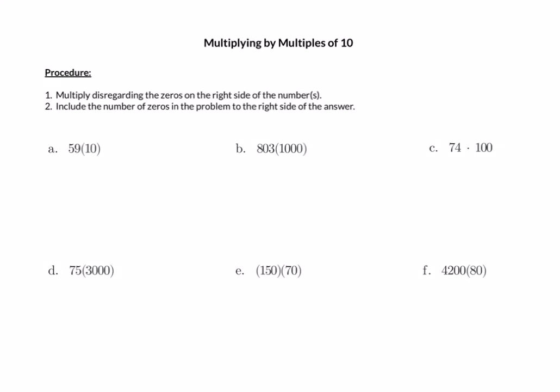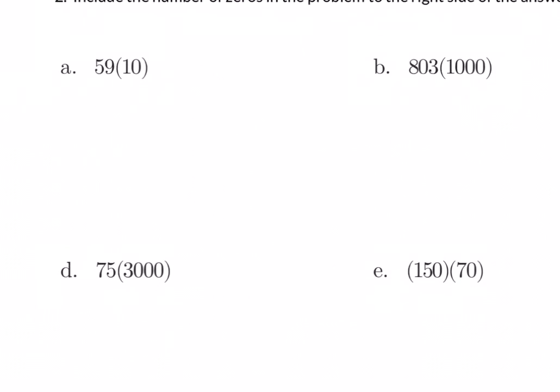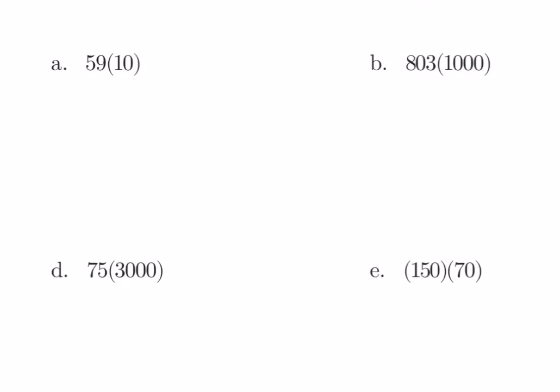So let me show you how this works. If we look at example A, 59 times 10, what I'm going to do is I'm going to put my 1 under the 9, and I'm just going to kind of keep track of my zeros over on the right side.